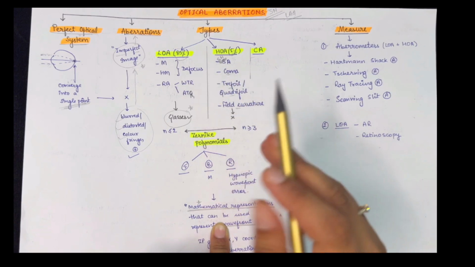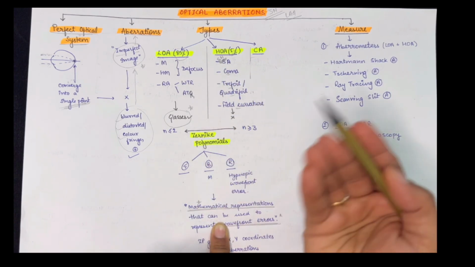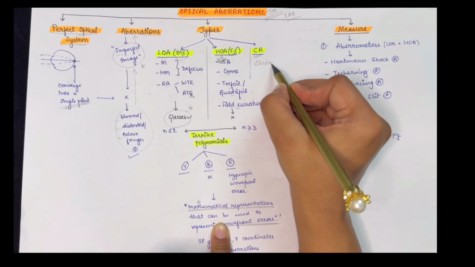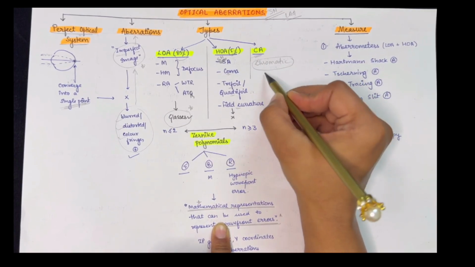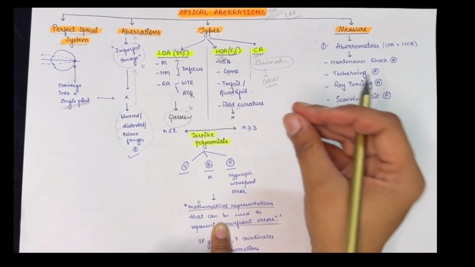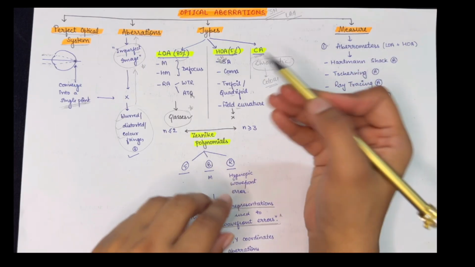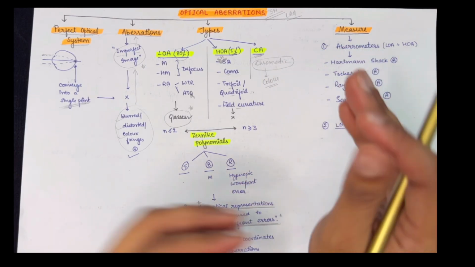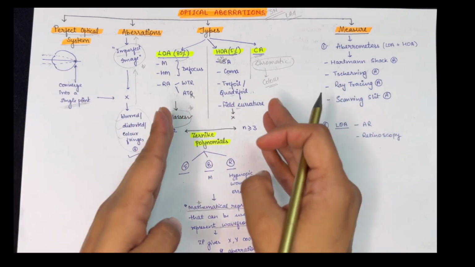Remember these names; we will discuss them subsequently. Now comes chromatic aberrations. Chromatic means color. So when you have color aberrations, these are due to different wavelengths of light.